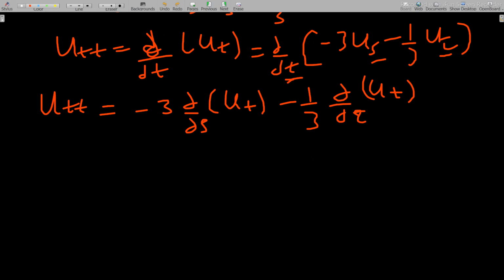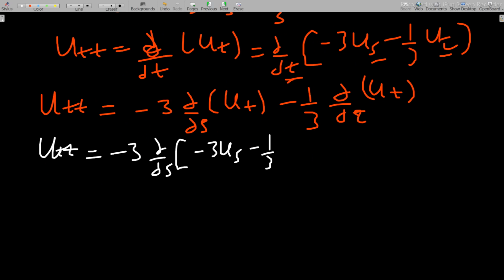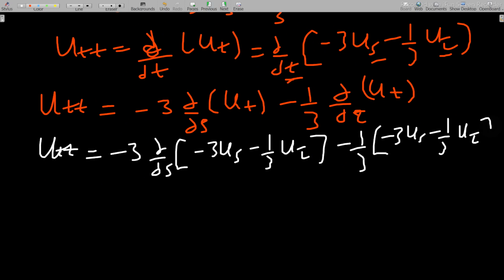Let me write this straight away for you and explain. So utt will be equal to minus 3 into del s of, now my ut was negative 3 us minus 1 over 3 u tau, minus 1 over 3 del tau of negative 3 us minus 1 over 3 u tau. I'm writing the answer straight, and I'm urging you to go through the process yourself. Del s of this side will give you negative 3 uss, then that will give me negative 1 over 3 u tau s, all multiplied by negative 3 here.